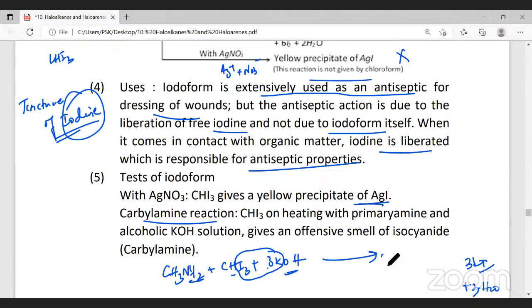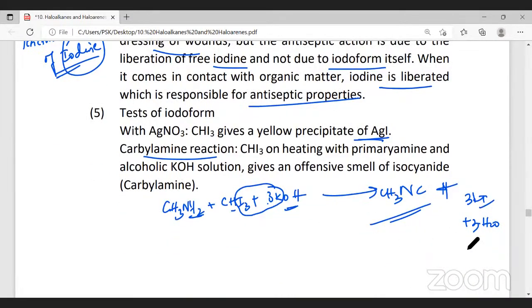And what else is left? You have CH3 and you have NC, which is called an isocyanide. These isocyanides are called carbylamines, which have an offensive smell. It is very dangerous. You cannot keep inhaling these for a long time.